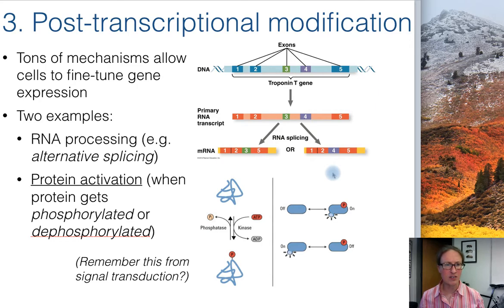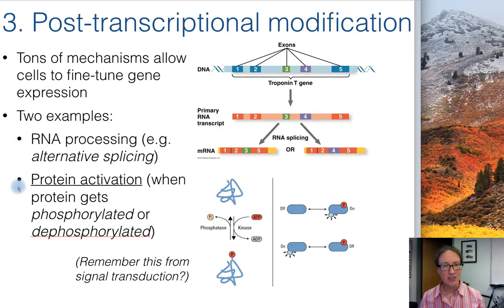Okay, so in addition to that, there are a lot of mechanisms for protein modification and RNA modification after transcription. So we've already looked at one of those, which is the RNA processing step and alternative splicing. So that can determine the level of activation of whatever particular protein is produced.